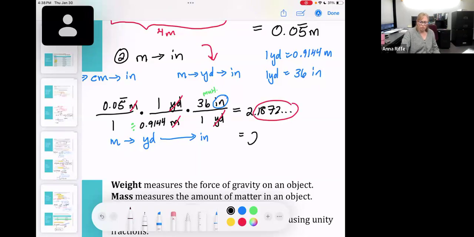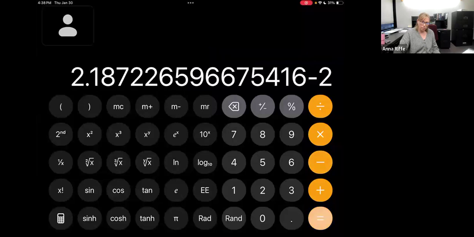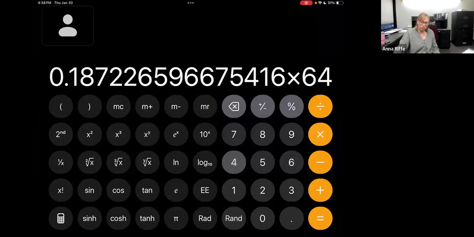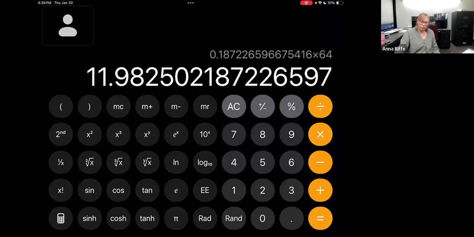I'm going to note that this will be 2 and some 64ths of an inch. I want to take that decimal, multiply it by 64. So back to our calculator. I'm going to take away the 2 here. That gives me that decimal. Multiply that by 64. And I get 11.9825 something.